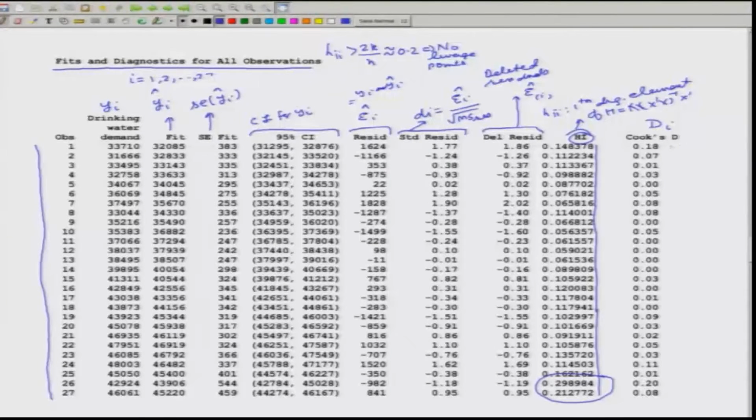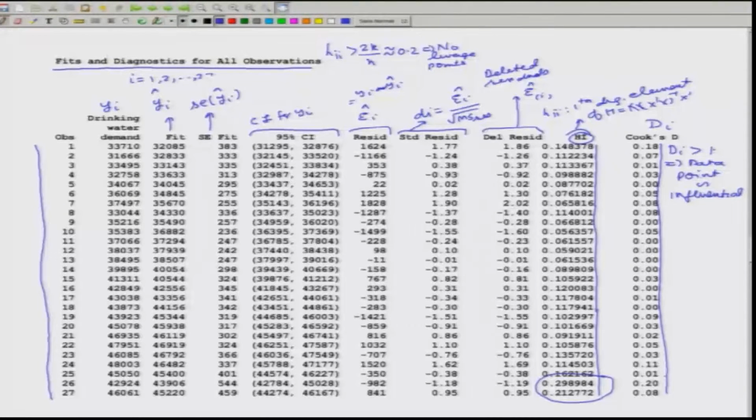We had made a conclusion that if Di is greater than 1, then we would conclude that the data point is influential and it needs your attention. But you can see here that none of the values is close to 1. So there is no question of having an outlier. And this was also indicated by our scatter diagram, that there are no such influential points which are trying to drag the fitted regression line towards them.